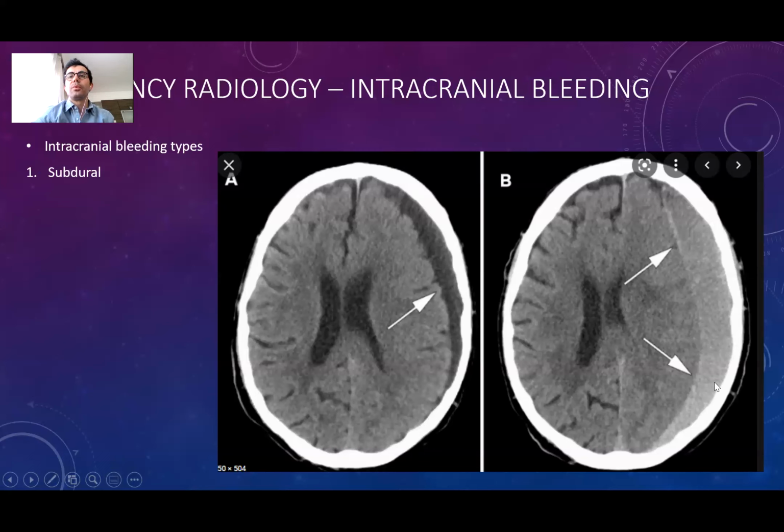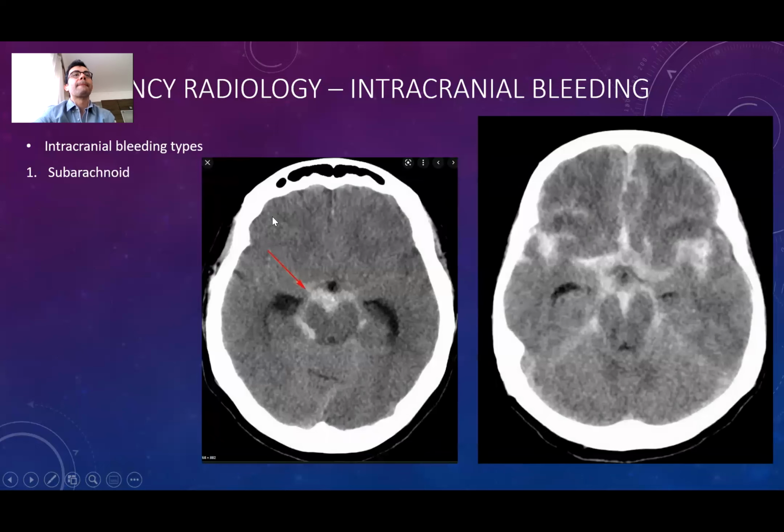When there is a hemorrhagic component, it looks bright. When there is no hemorrhagic component, it just looks like cerebrospinal fluid, so it is low density. If you pierce through this with an injector and aspirate, some yellow fluid will probably come out of this collection.